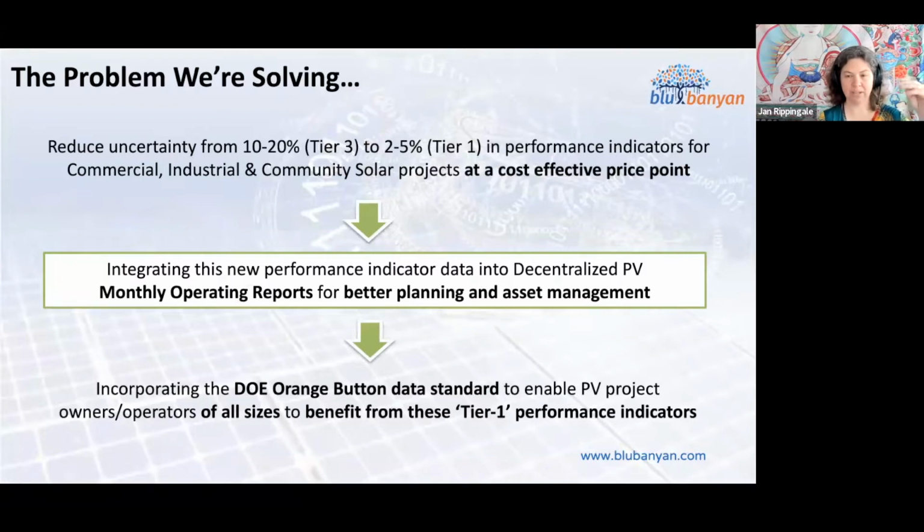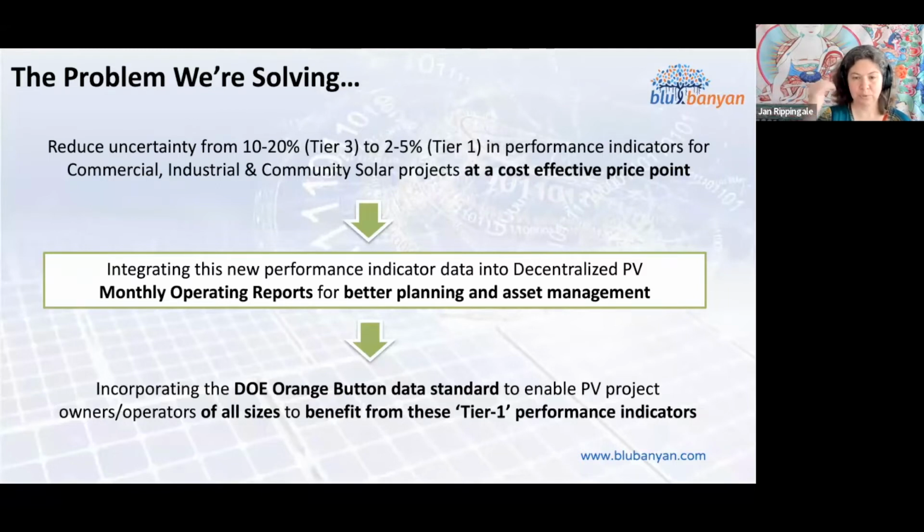But as we automate, we're able to take that technology and bring it down to the base of the pyramid so that everyone with renewables will be able to benefit. We're going to talk about what it means when you reduce the uncertainty from tier 3 to tier 1. Going from 10 to 20% uncertainty to 2 to 5% uncertainty has dramatic impacts on the choices you're going to make as an asset manager.